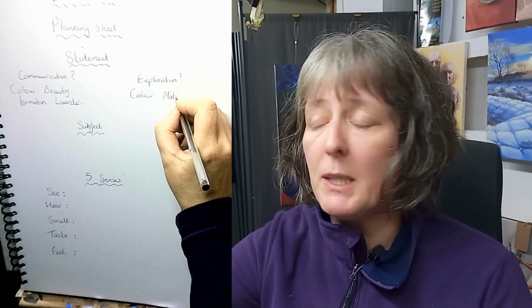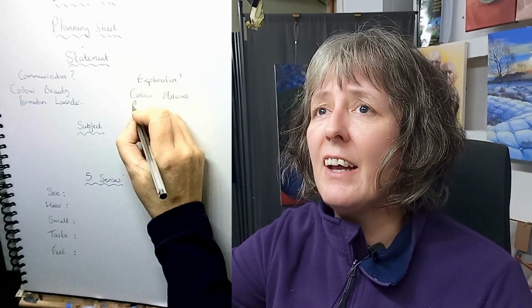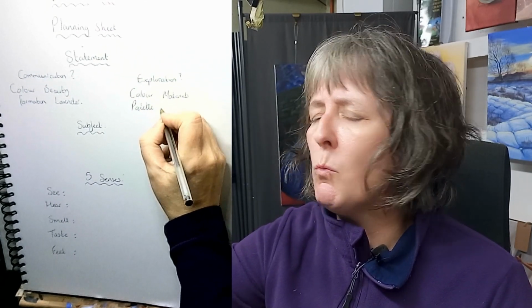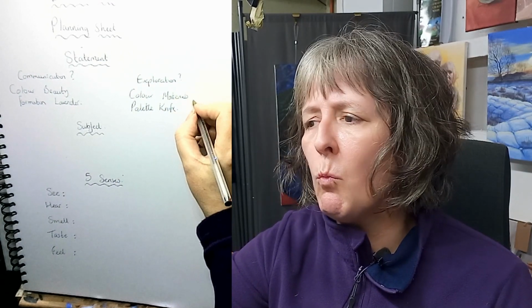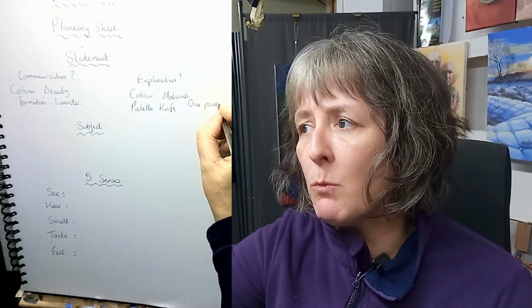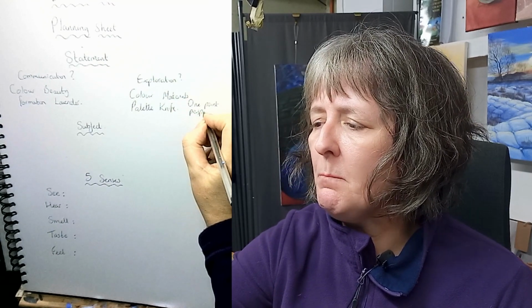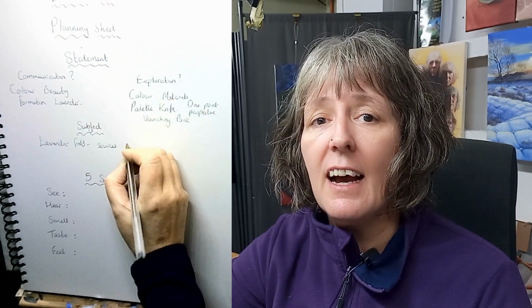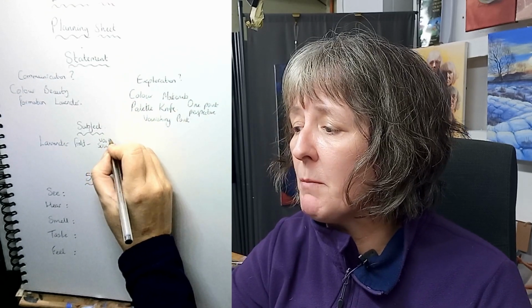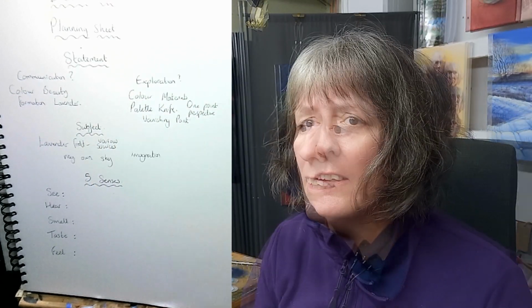I'm going to have another go with the palette knife, and I'm also going to write down about 1 point perspective and the vanishing point, just as a reminder of what I was actually exploring, what was in my head when I look back at this planning sheet. The subject's going to be a field of lavender with my various sources from all over the internet. I'm going to use my own sky and my own imagination to do the field in.